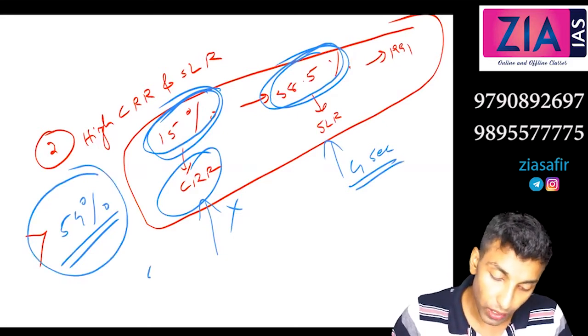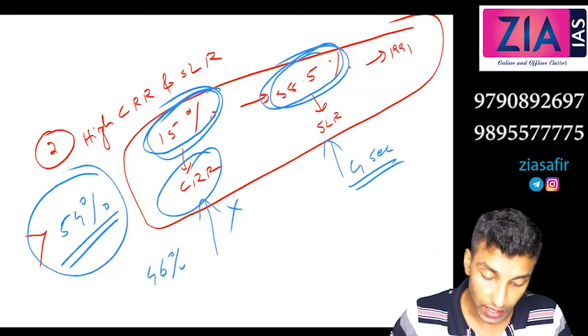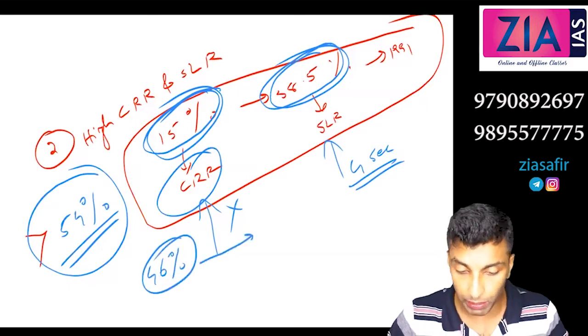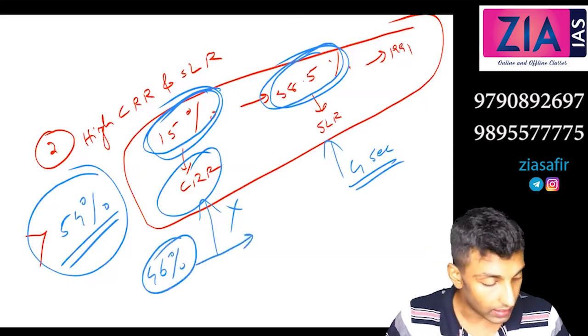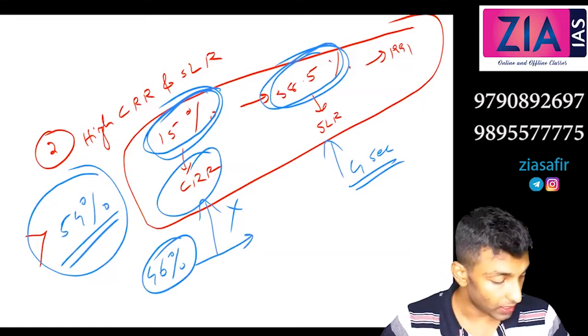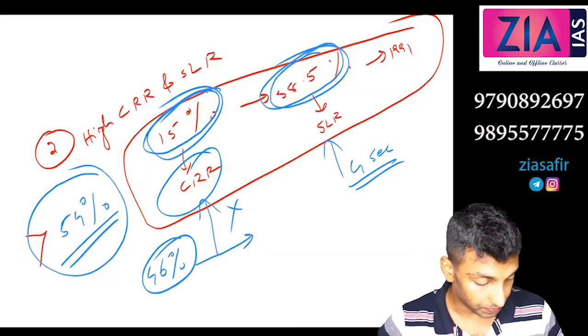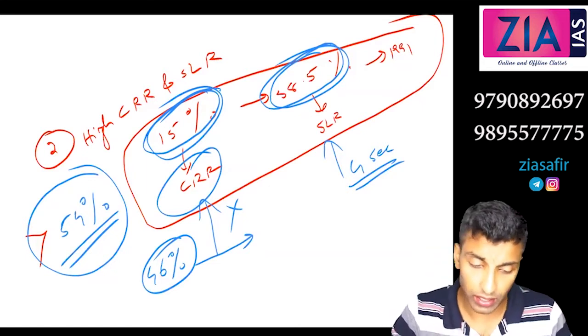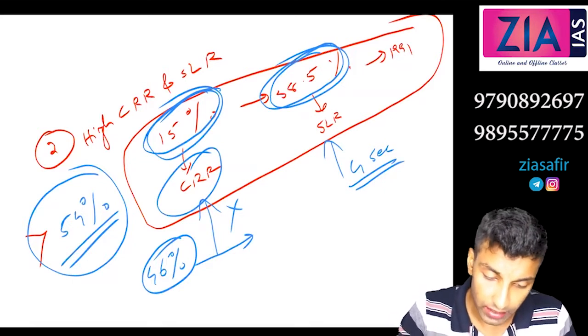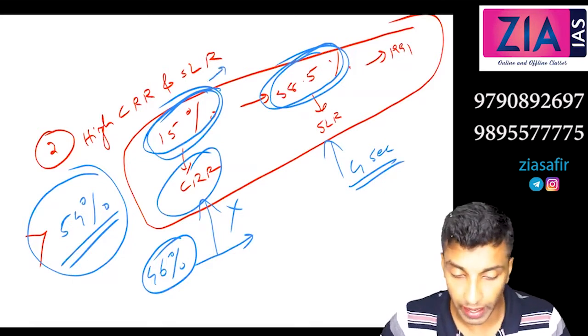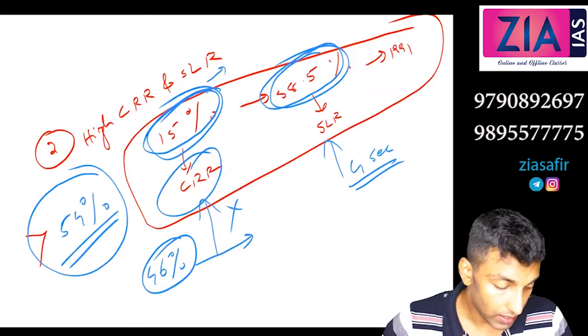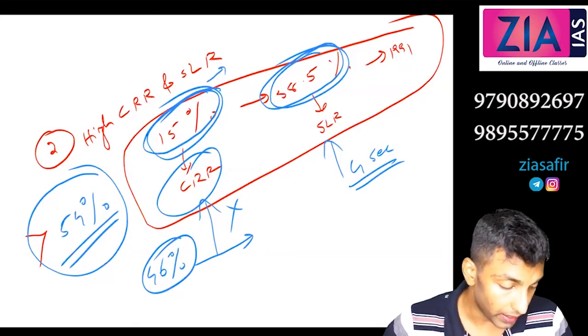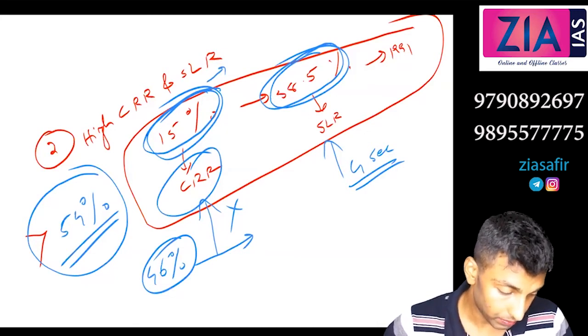The bank can now lend only 46%. So obviously the profitability will come down, and that is the second reason: high CRR and SLR. Under this you can write one more line: scope of profitable lending decreased.